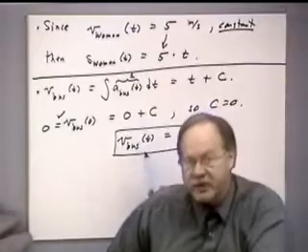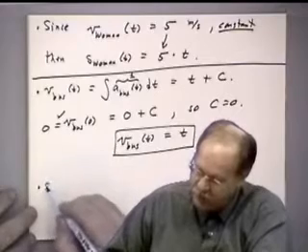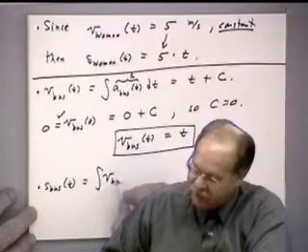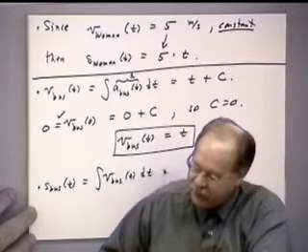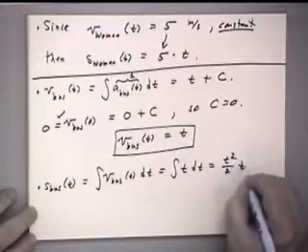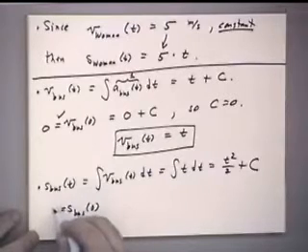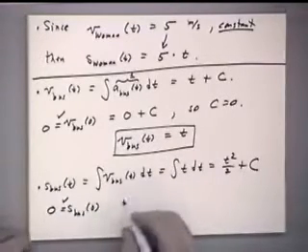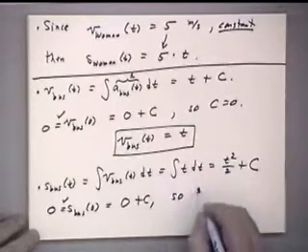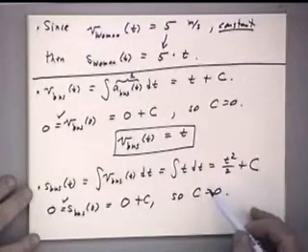Now we're actually looking for the position function for the bus, so we have to do this process one more time. The position function for the bus is the antiderivative of the velocity, which was t dt, and so that's t squared over 2 plus c. We know that the bus at time 0 is at position 0. If we put 0 in here, we get 0 plus c, so again c is equal to 0. Incidentally, I've used c twice here, and that's correct.